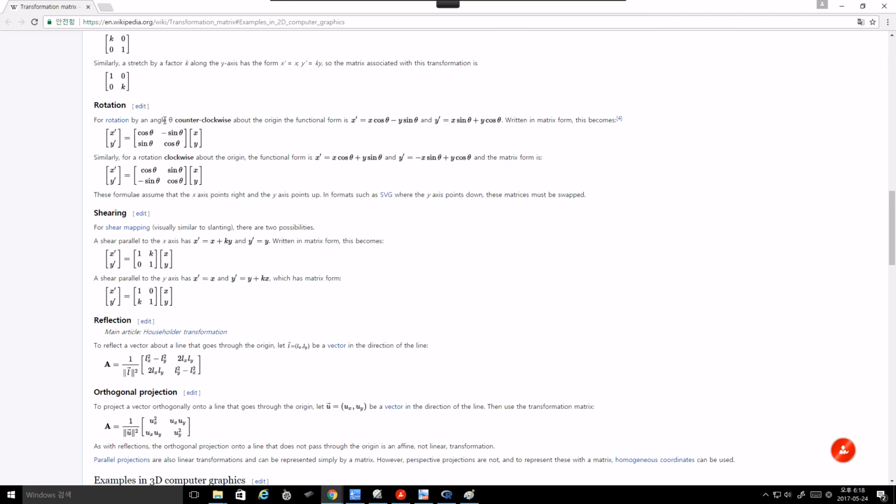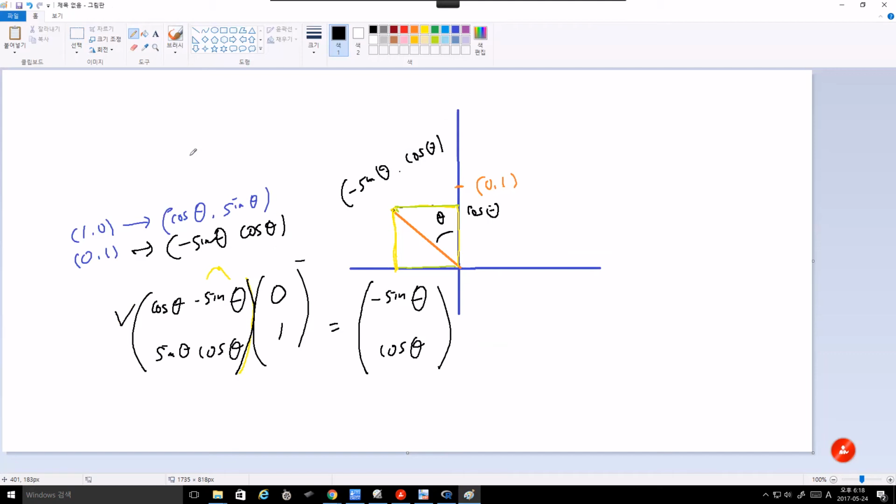So for rotation by angle theta counterclockwise about the origin, x prime is x cosine theta minus y sine theta, and y prime is x sine theta plus y cosine theta, which looks like this one. Similarly for a rotation clockwise. Now we are moving this way, so it is minus theta.